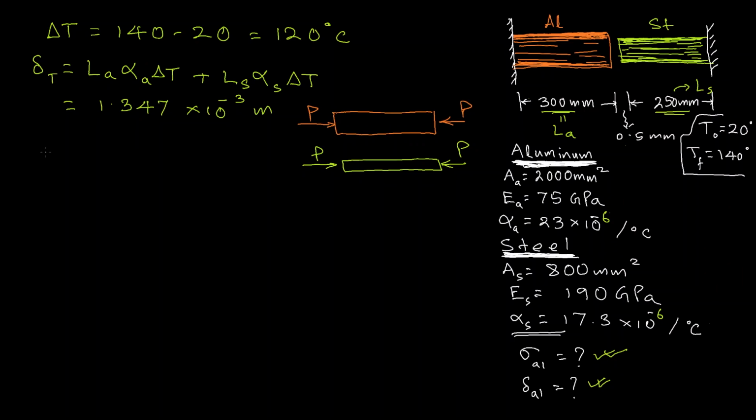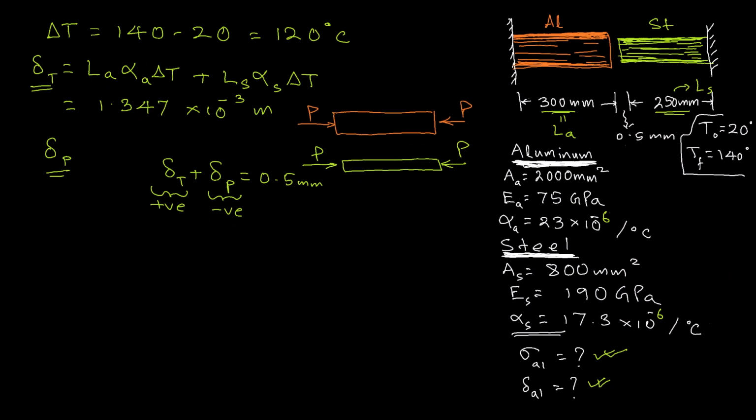So let that be called delta P. But then this is an elongation, this will be a compression, and if this is considered negative, then what we will have is delta T plus delta P, so please note that this is negative and this is positive, will come out to be 0.5 mm. So this is the equation which we should use to solve for P first, and once we know P, we know the stress and everything. Okay.